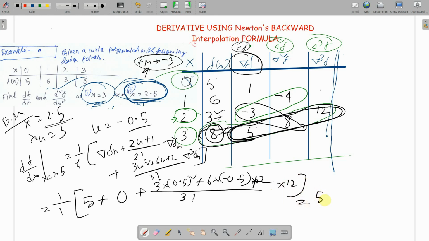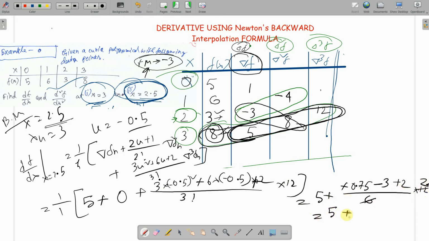So 5 plus, this will become how much, -0.75, plus 0.75, let me do it. Okay, then this will become minus: -3 plus 2 divided by 6 into 12. So we will be multiplying with 2.